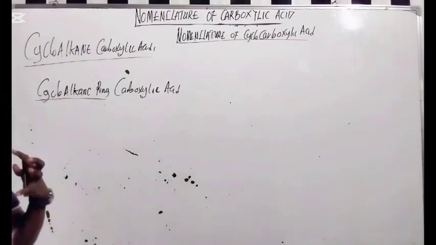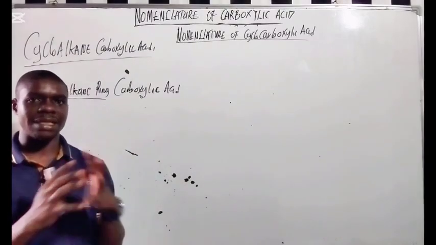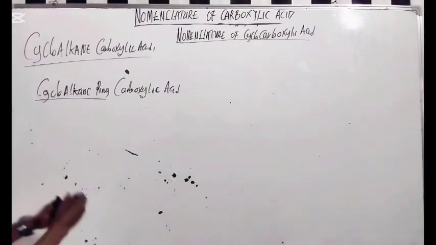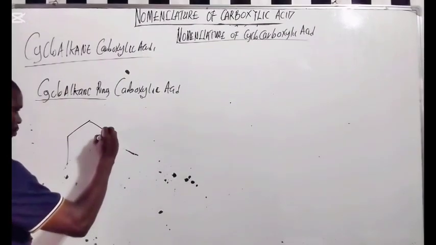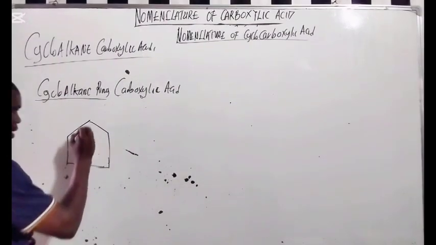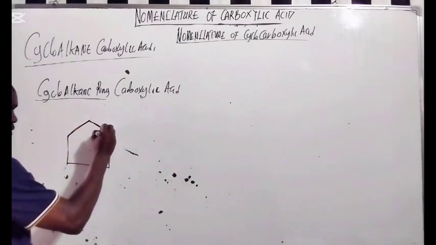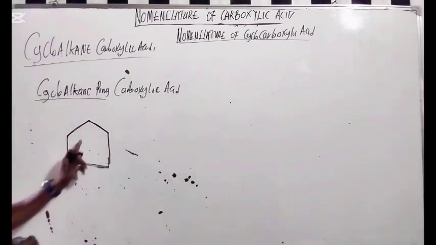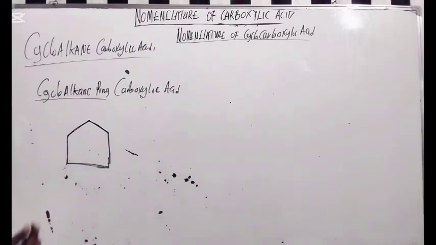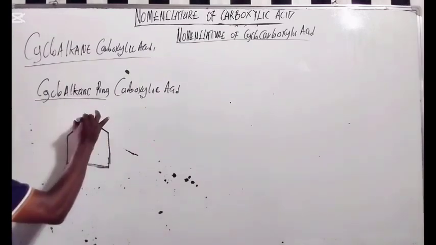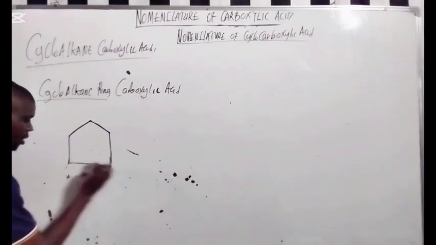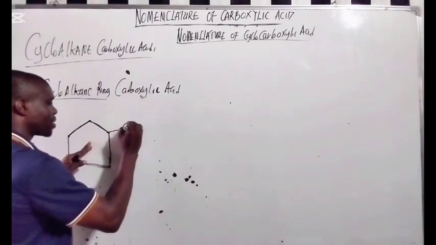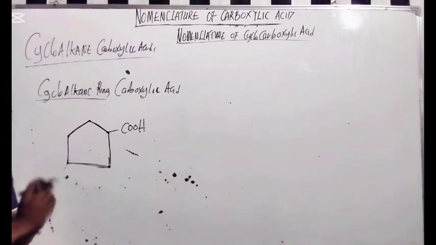When we talk about cycloalkanes, that is a ring with no double bond. For example, here we have this one. This is called cyclopentane. Why? We have 1, 2, 3, 4, and 5 carbons. Now if you have a carboxylic acid functional group here, it's very easy.